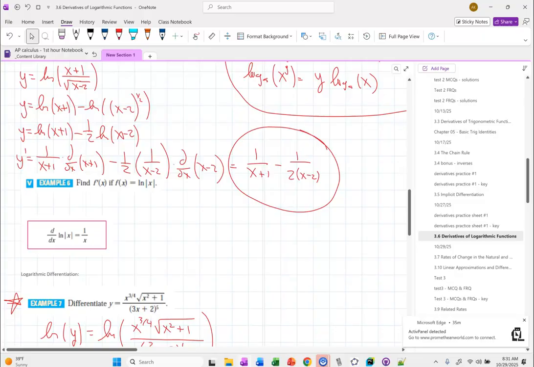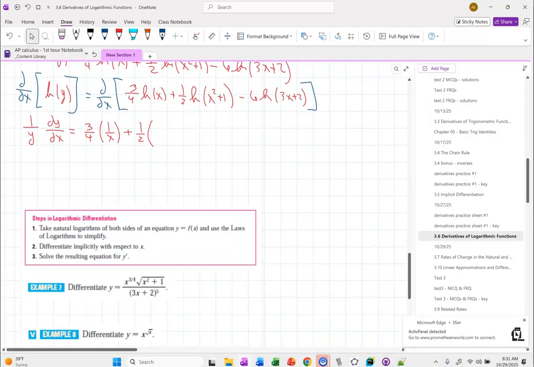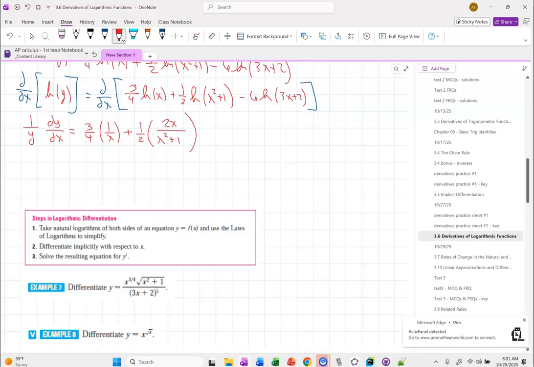That's pretty nice for these logarithmic differentiation problems. So the derivative of the inside is just 2x over the inside. Like how nice and neat that is. That's a really easy chain rule to do because of the form of the natural log. I love that.